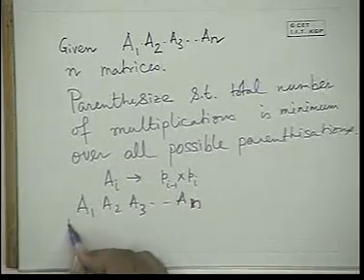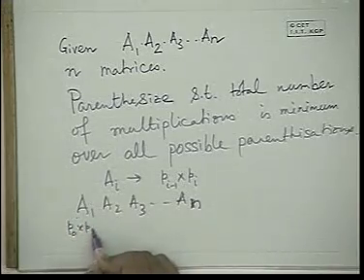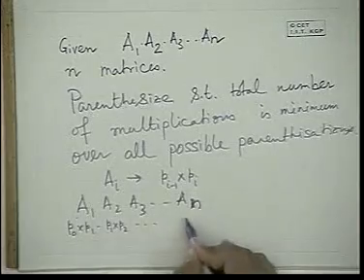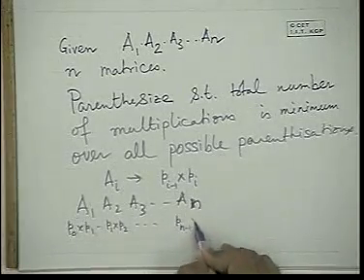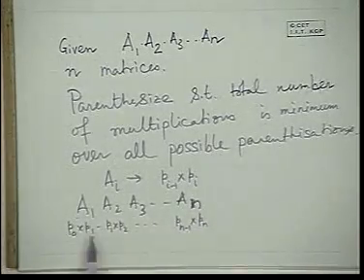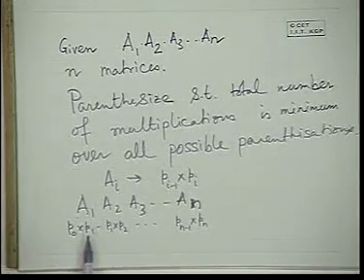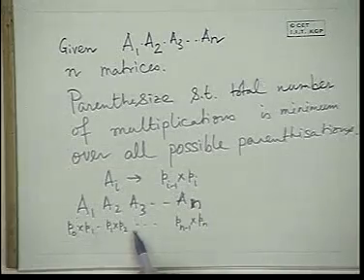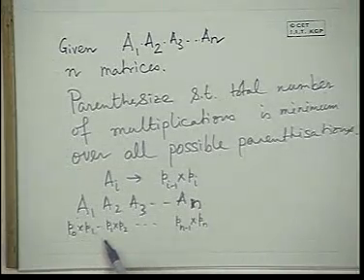So it will be P0 cross P1, this will be P1 cross P2, and it goes on, and the last one will be P(n-1) cross Pn. This should match: the last dimension of the previous one should equal the first dimension of the next one, otherwise you cannot multiply the matrices. So we assume they have been given like that. We are not going to check whether they are a valid sequence of matrix multiplication or not. It's assumed.